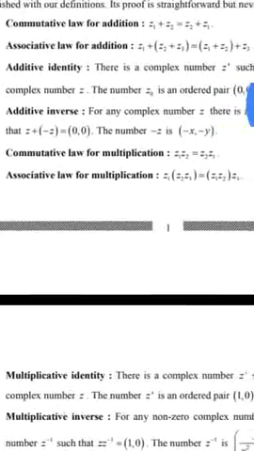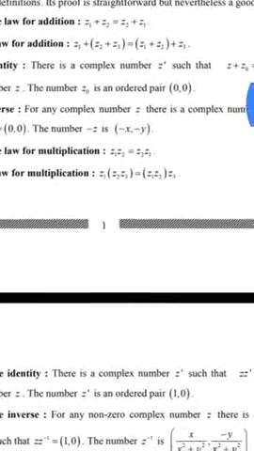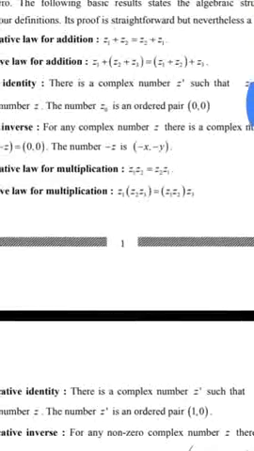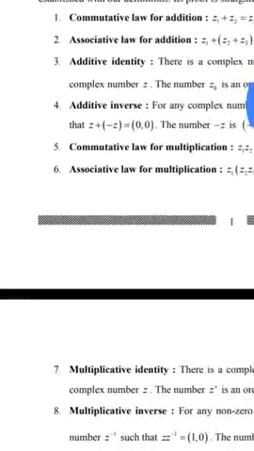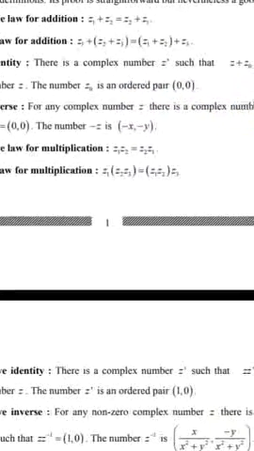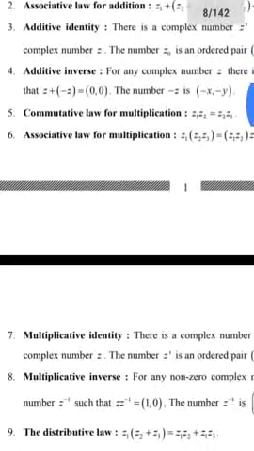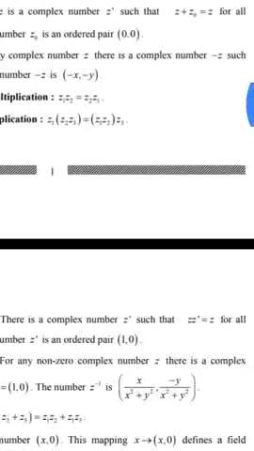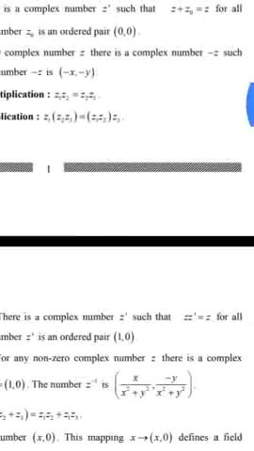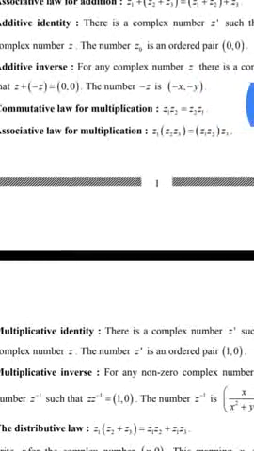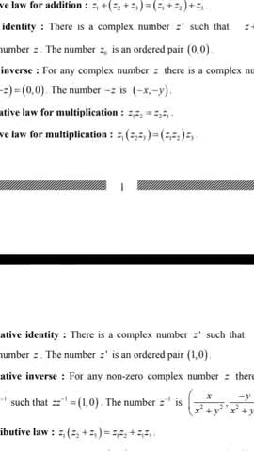Additive identity: there is a complex number z0 such that z plus z0 is equal to z for all complex numbers z. The number z0 is the ordered pair (0, 0). Additive inverse: for any complex number z, there is a complex number minus z such that z plus (minus z) is equal to (0, 0). The number minus z is (minus x, minus y).